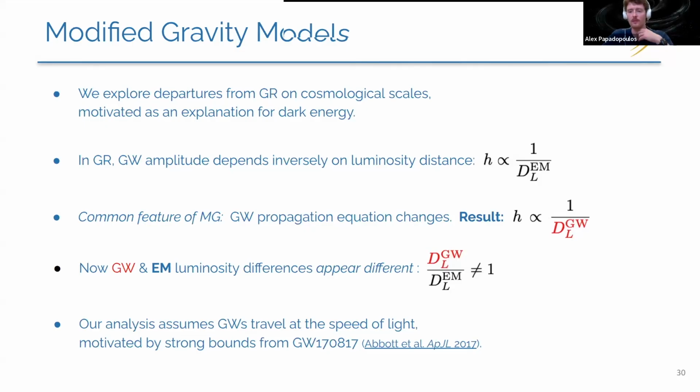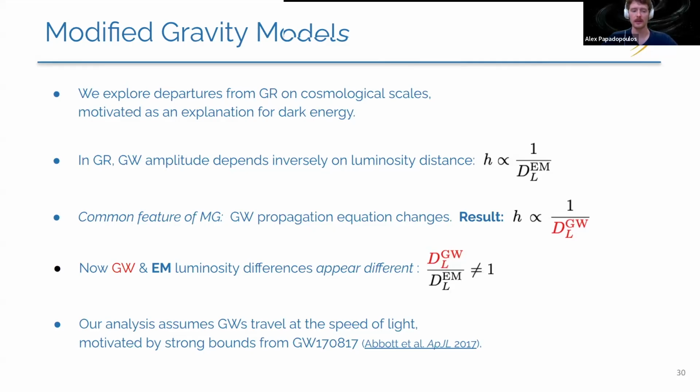But very often in modified gravitational wave propagation models, rather than being the EM, electromagnetic luminosity distance, we call it the gravitational wave luminosity distance, and we say that our amplitude is proportional to 1 over this. This means that the ratio between these is actually not equal to 1. So essentially what we're going to try and constrain is this ratio of the gravitational wave luminosity distance to the electromagnetic luminosity distance. And we see a departure from general relativity when these are not equal to 1.